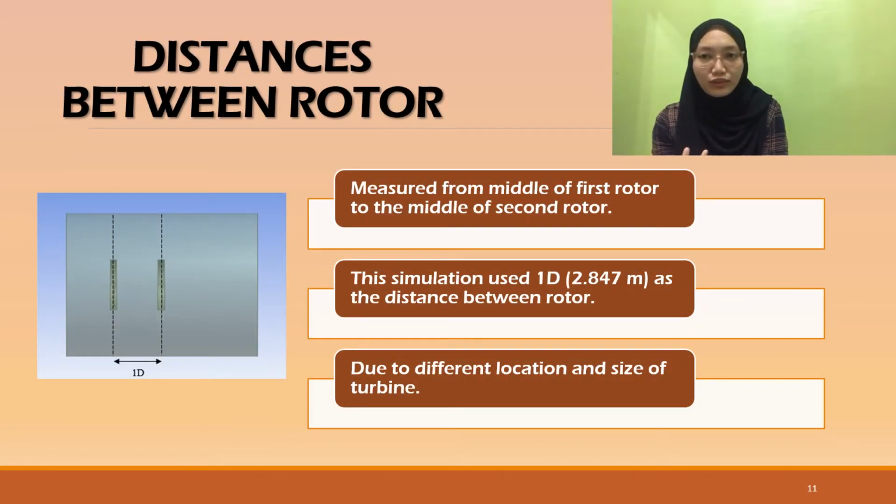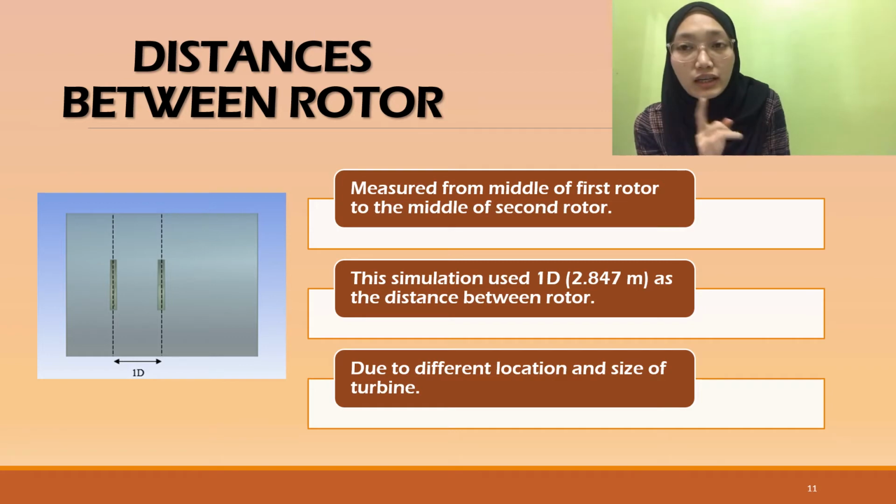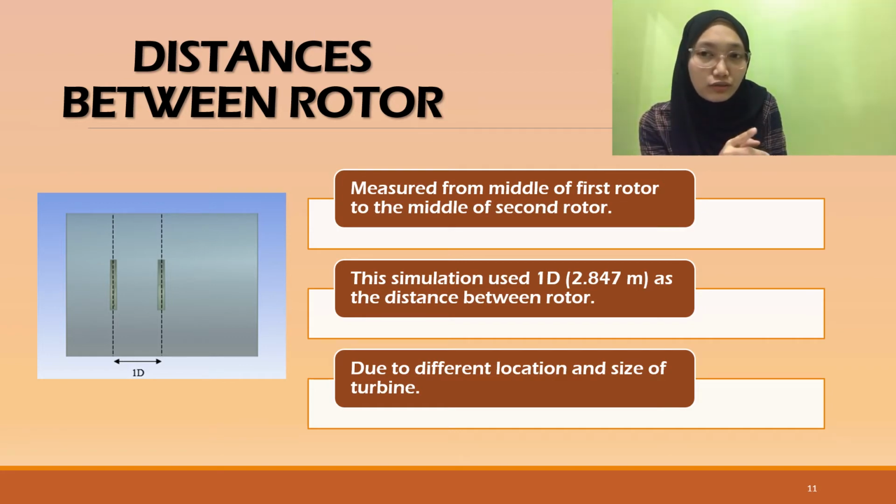Next, moving on to the distance between rotors. The distance between rotors was measured from the middle of the first rotor to the middle of the second rotor. The applied distance for this design simulation is 1 times the diameter, which is equivalent to 2.847 meters.